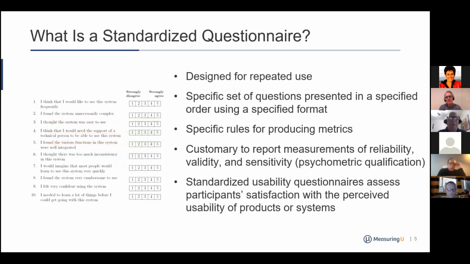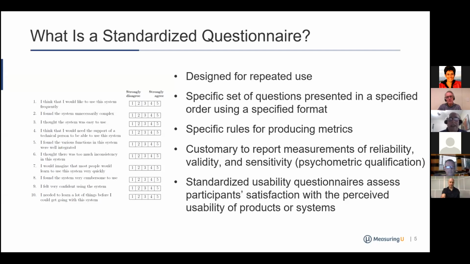So the main characteristics of a standardized questionnaire is that it's designed for repeated use. It typically involves a specific set of questions presented in a specific order using a specified format. There are specific rules for producing metrics from the responses.